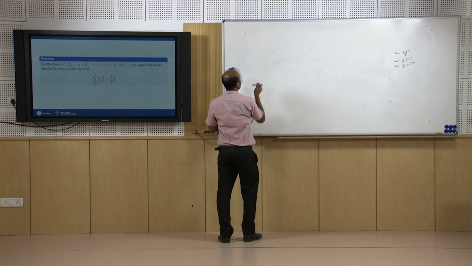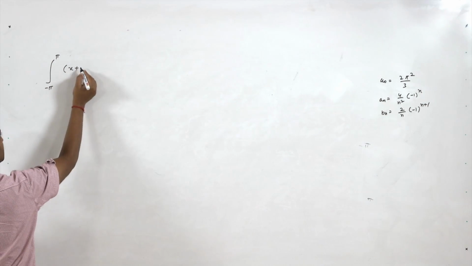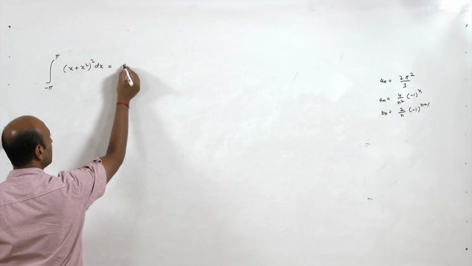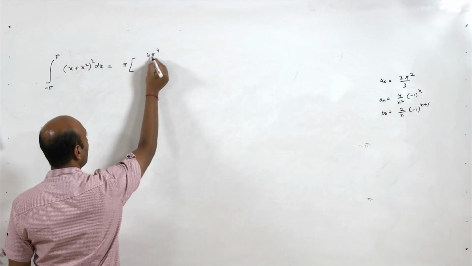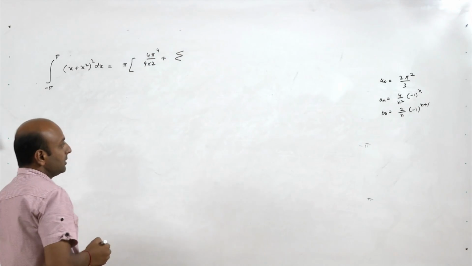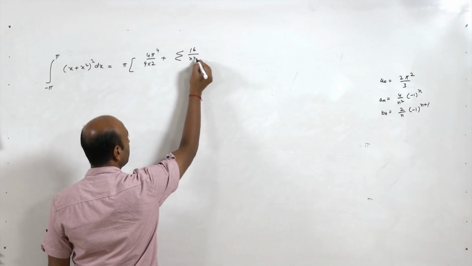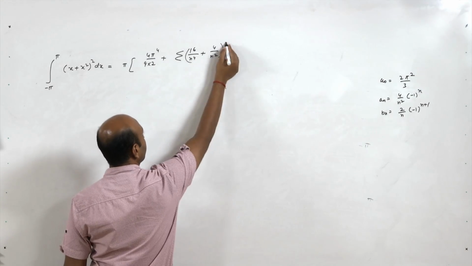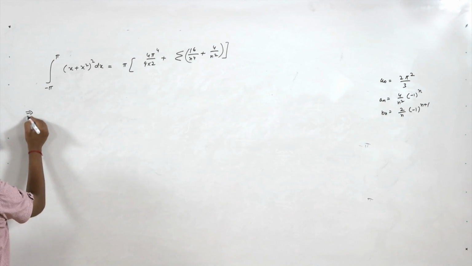So, this is integral minus L to plus L f x whole square dx, which is equal to L into a naught square upon 2, that is 4 pi to the power 4 upon 9 into 2, plus summation of a n square, that is 16 upon n to the power 4, plus b n square, 4 upon n square. So, first we simplify this.